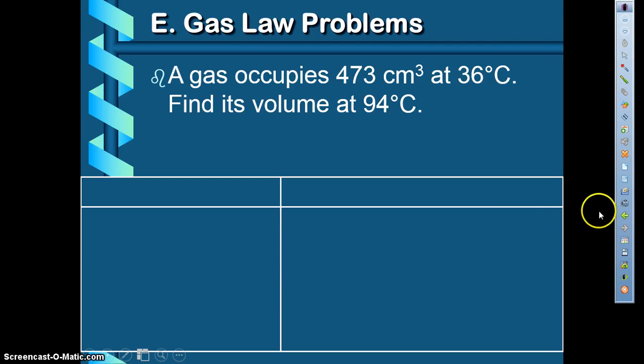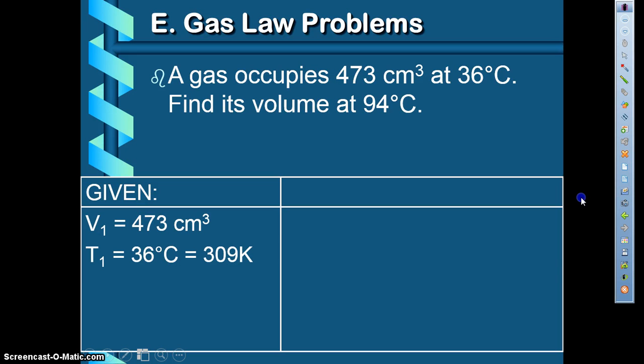So let's look at how to do a problem, one of the math problems that accompanies this Charles's law situation. So we have a gas that occupies 473 cubic centimeters. So here's our volume at 36 degrees Celsius. Find its volume at 94 degrees Celsius. First thing you have to do is make sure that you realize you're dealing with Celsius and not Kelvin, and you have to change it to Kelvin.